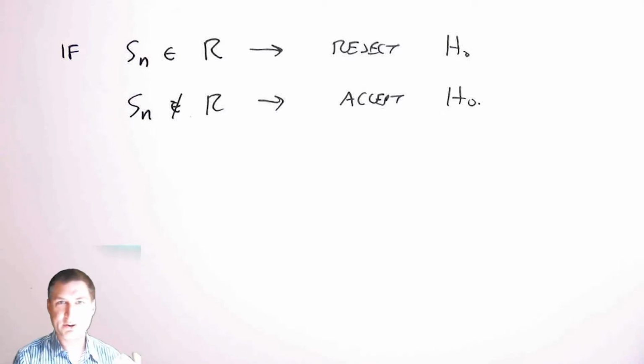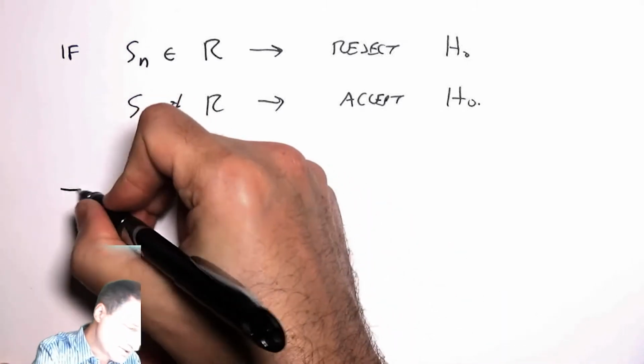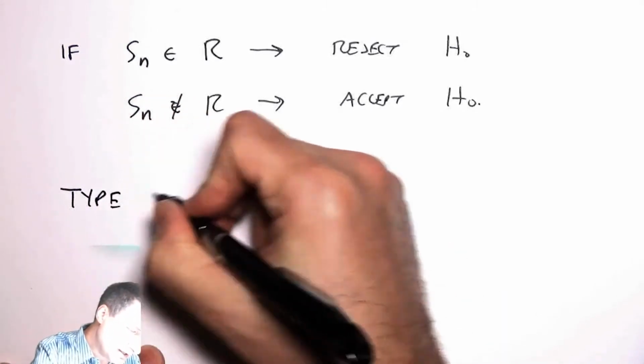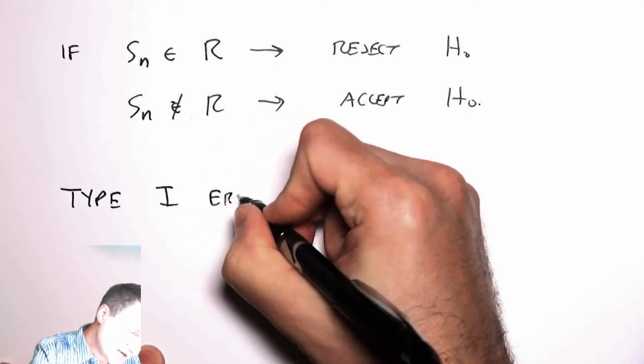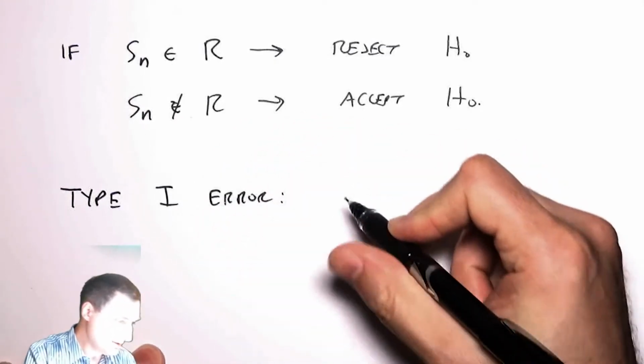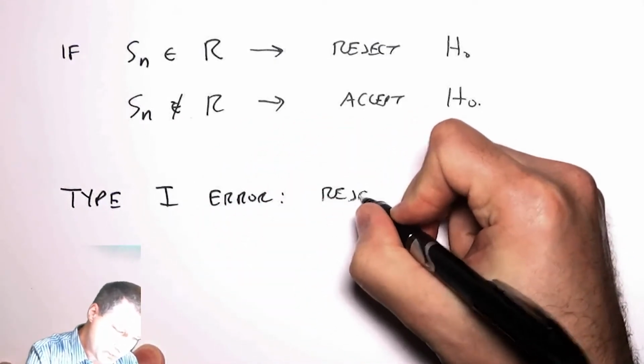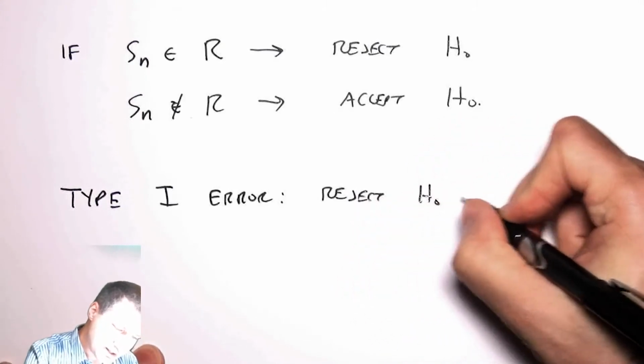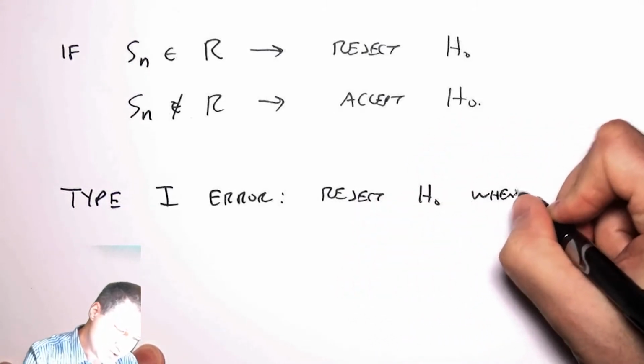Okay. And so in order to design these kinds of decision rules, we need to think about the ways that our decision can be wrong, right? We talked about this a little bit early on. So we have what's called type 1 error. This means that we rejected the null hypothesis when it was true.